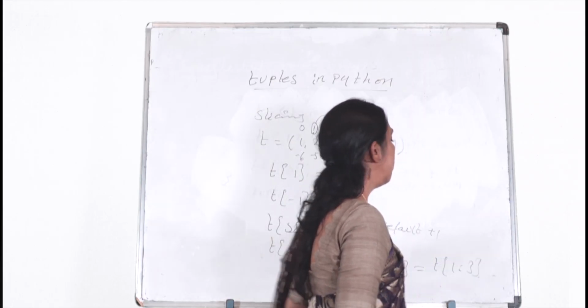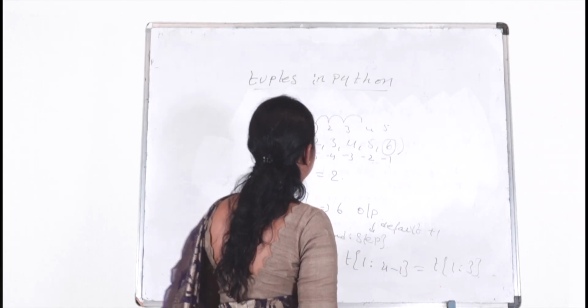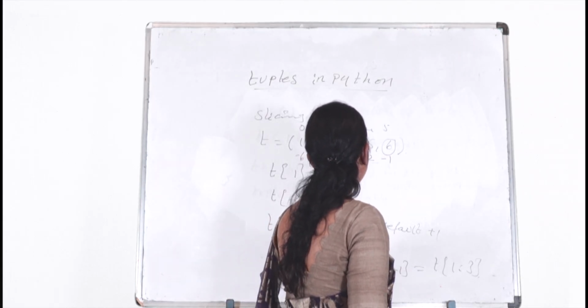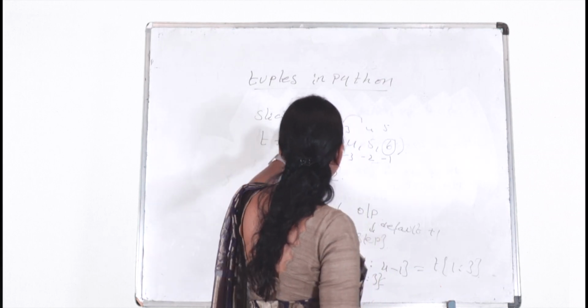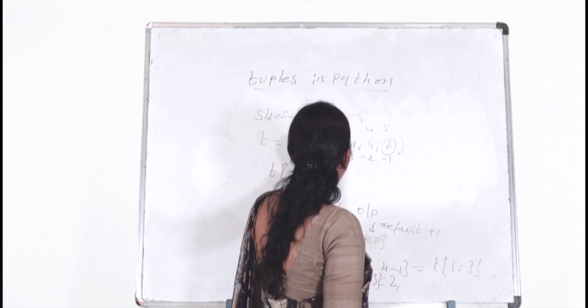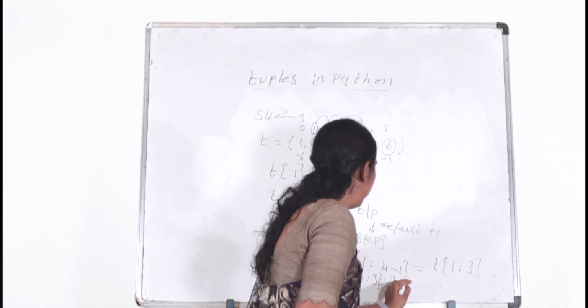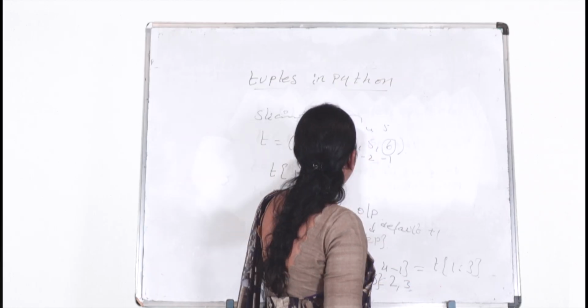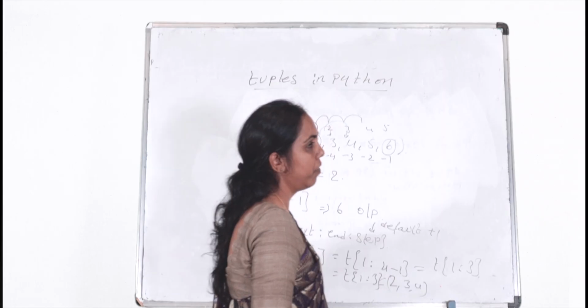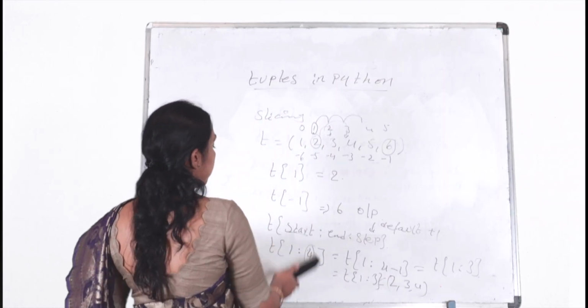Only 3 elements are retrieved for us. The index position at 1 is 2, so we get 2. Index 2 has 3, and index 3 has 4, and that is the output for us when we use slicing.